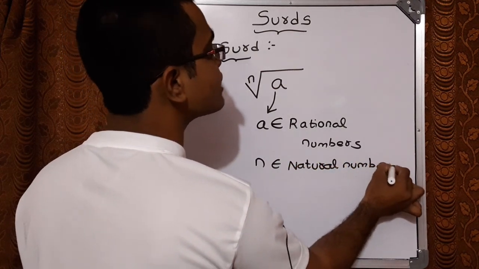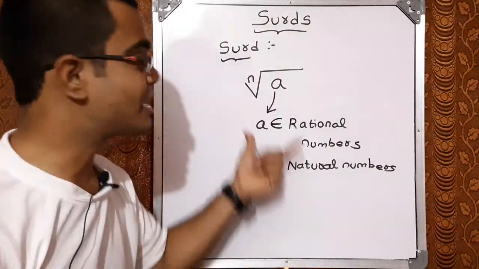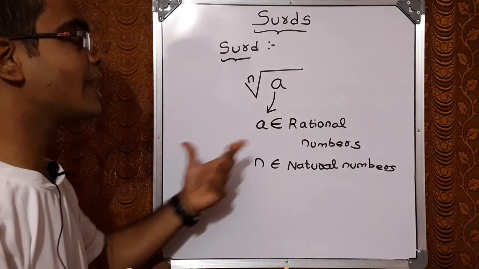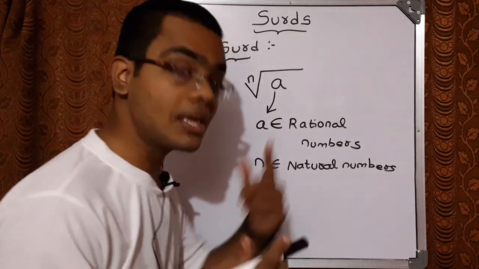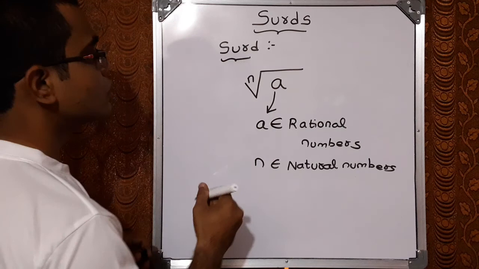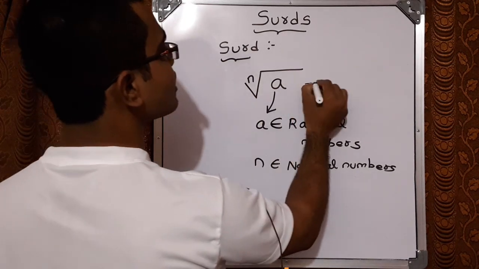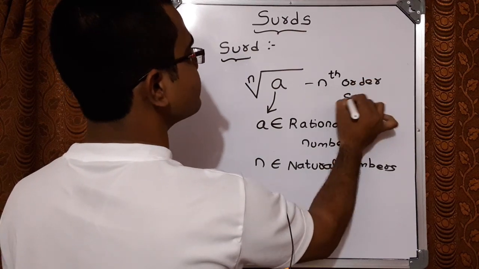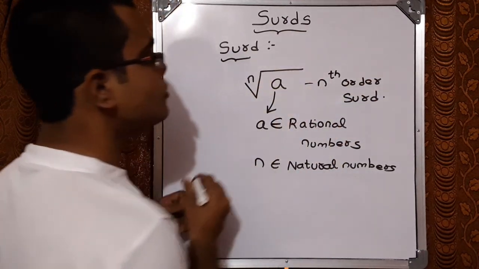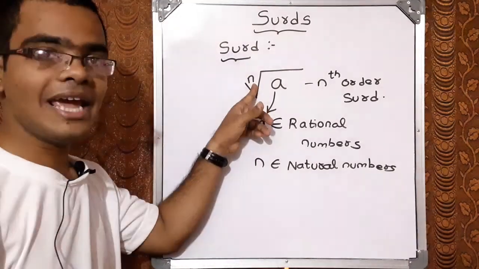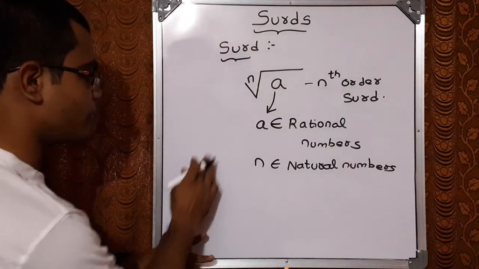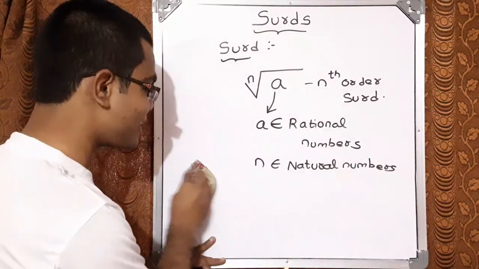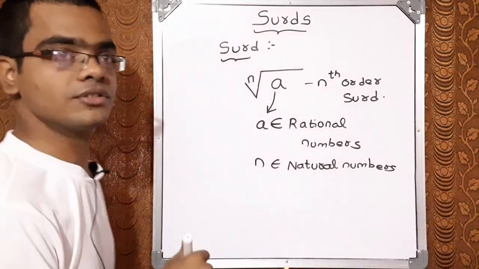See, every irrational number cannot be written like a surd, but every surd is an irrational number. Please always put in mind. So this is how we can really write the surd. This is called nth order surd because it is having nth root. There will be nothing like a first order surd.